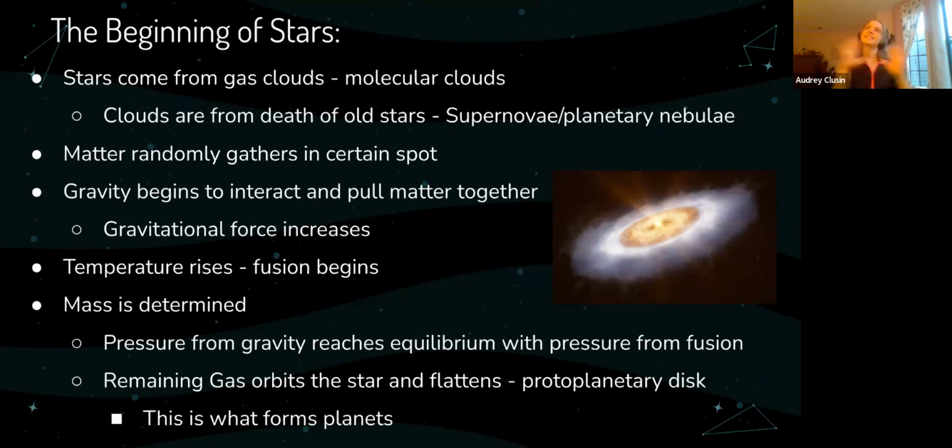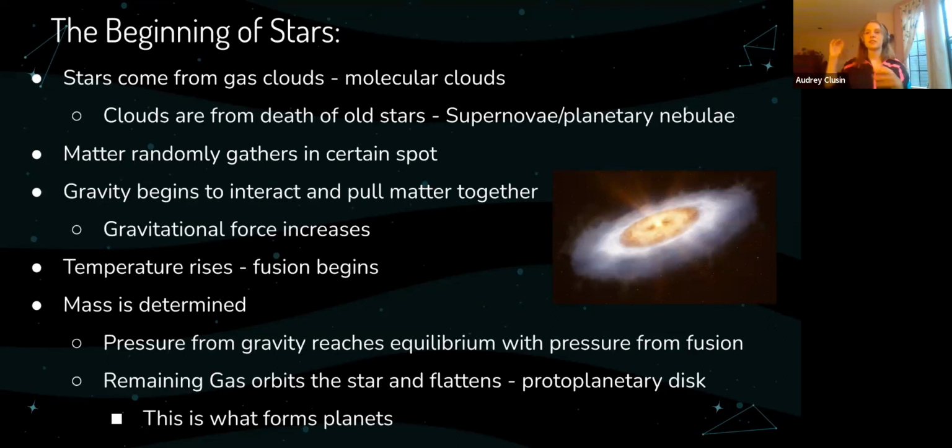So this gas bounces all around. And at first it's just randomly bouncing around because when particles are in a state of gas, they just bounce around everywhere because they have a lot of energy. But eventually, all this bouncing around ends up forming patches or clumps where there are more particles in one area than there are in other areas.